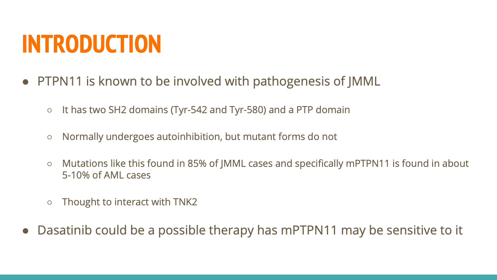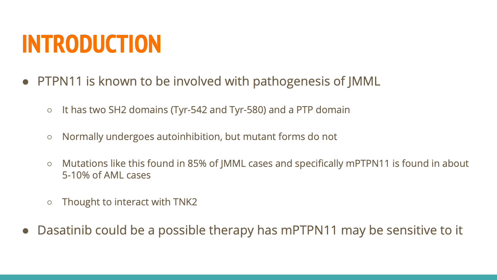However, mutated PTPN11 does not experience autoinhibition. And this results in increased phosphatase activity and proliferation of mutated cells by increasing downstream signaling for cell survival and division. And this contributes to pathogenesis of JMML. 85% of JMML cases involve mutated PTPN11 and other genes associated with it that are related to MAPK.